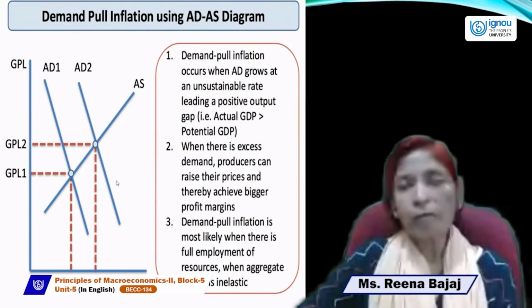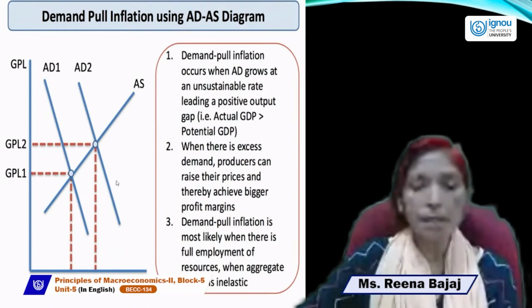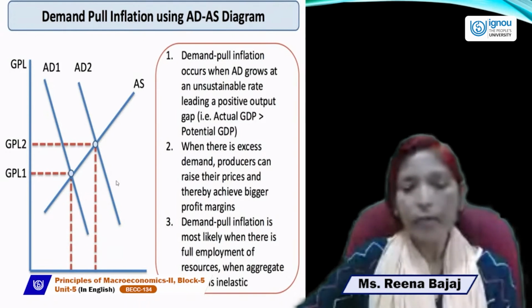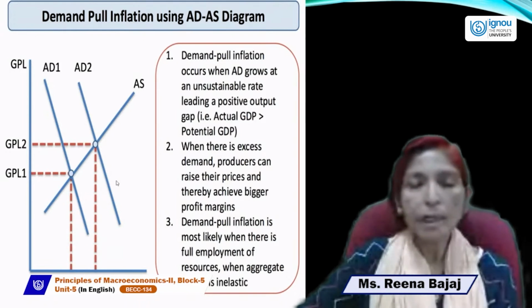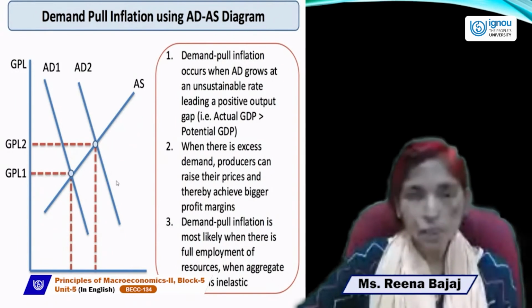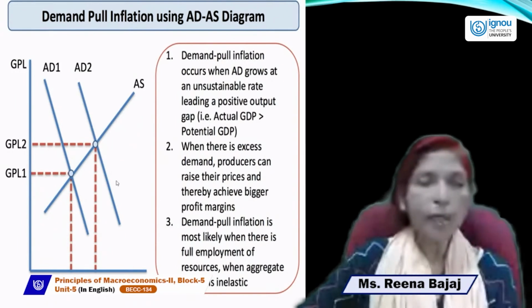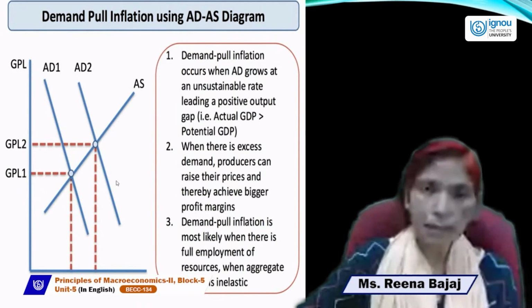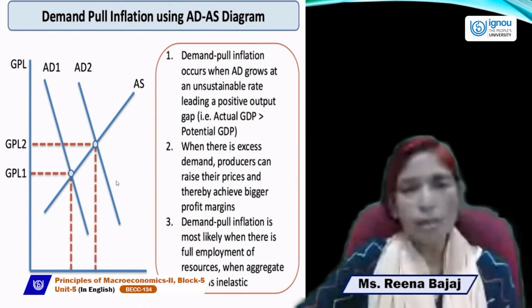Demand pull inflation is most likely when there is full employment of resources and aggregate supply is inelastic. It cannot change, supply cannot increase or decrease, only demand can change. Then demand pull inflation occurs and it creates the situation of an inflationary gap.